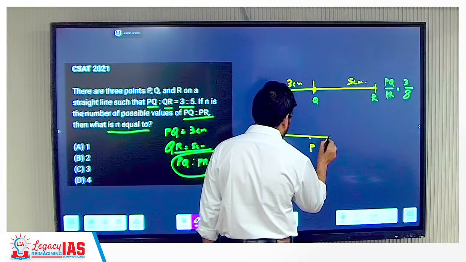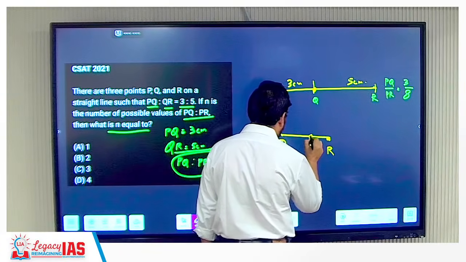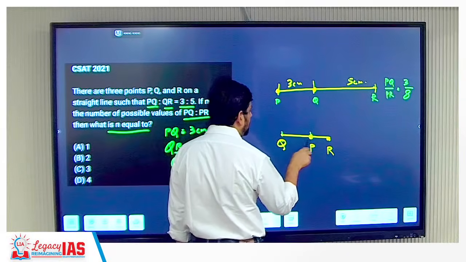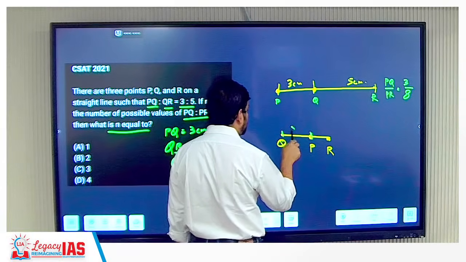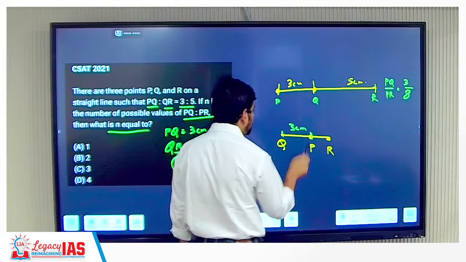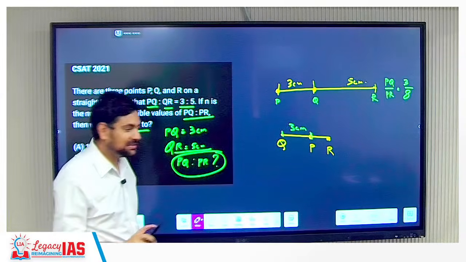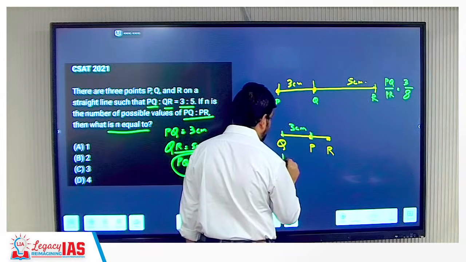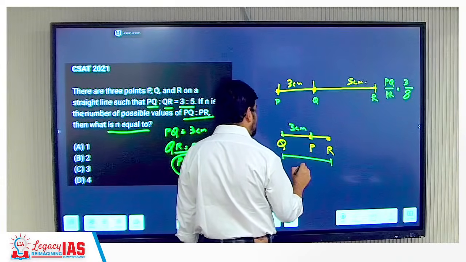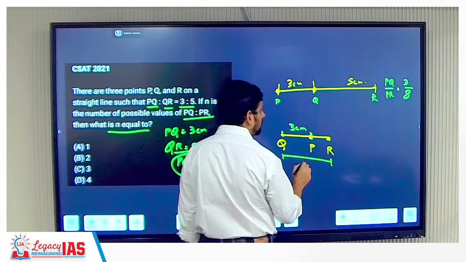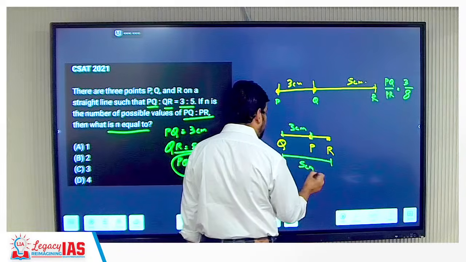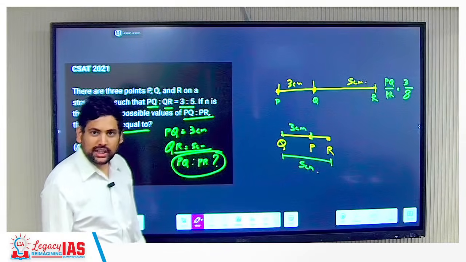Now see, if I draw an overlapping diagram, PQ is 3 centimeter. Correct? I'm satisfying this. Now I have drawn it in such a way that QR is equal to 5 centimeter. This is also a possibility.